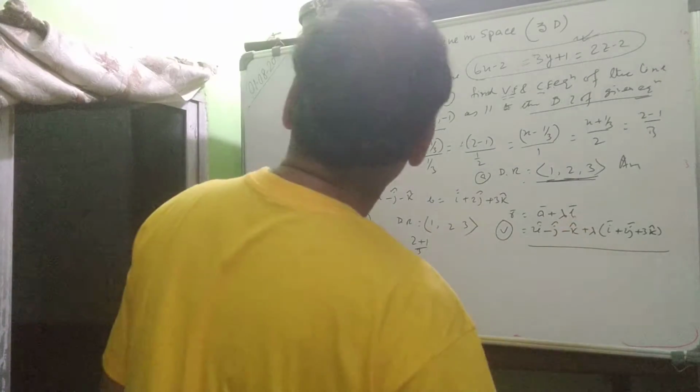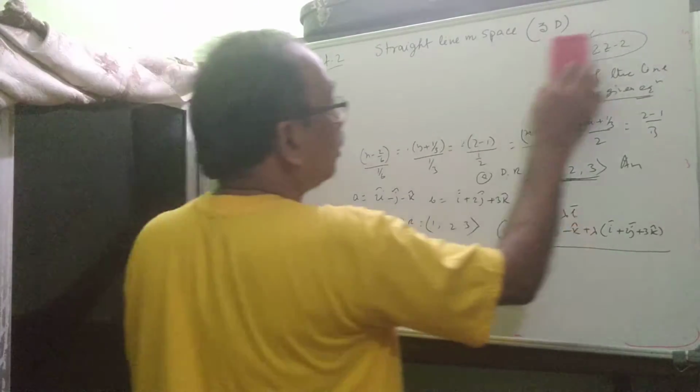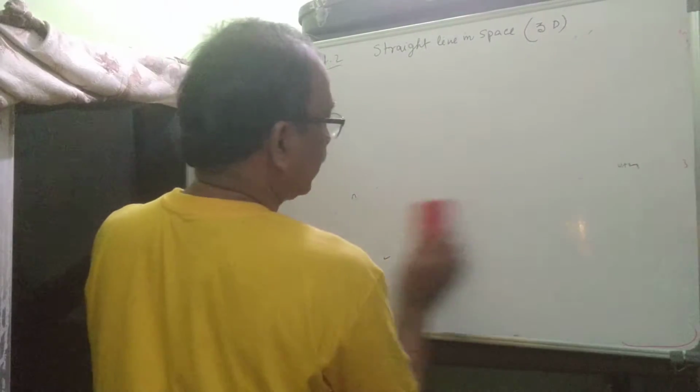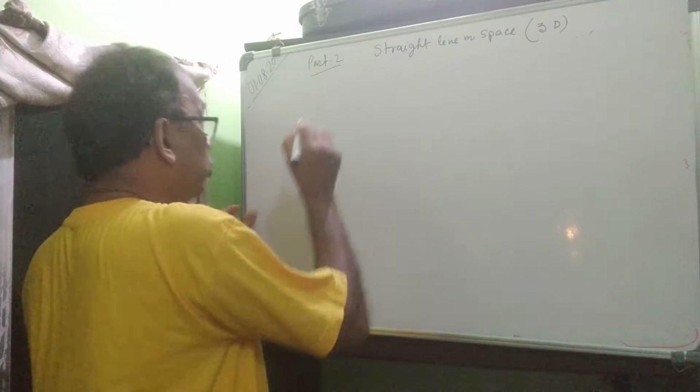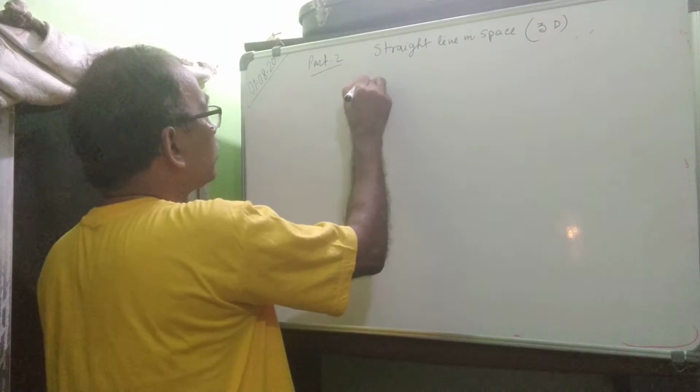Now, let us explain what is the shortest distance between two lines.